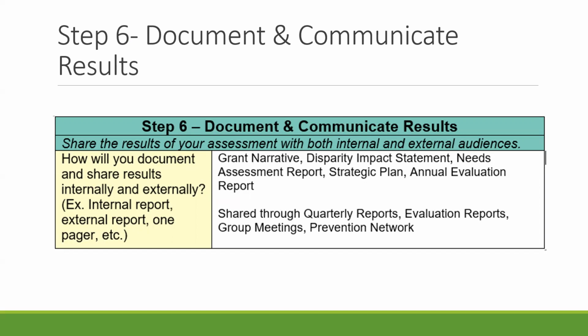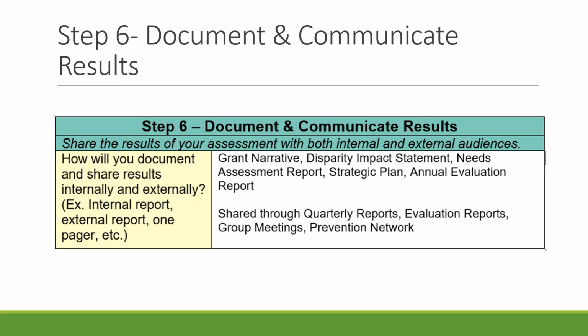Just as important as documenting your results is figuring out how to effectively share and communicate those results with stakeholders in the community. Here are some examples from the state's perspective on how they documented the results of their CHA and how they will share those results out.